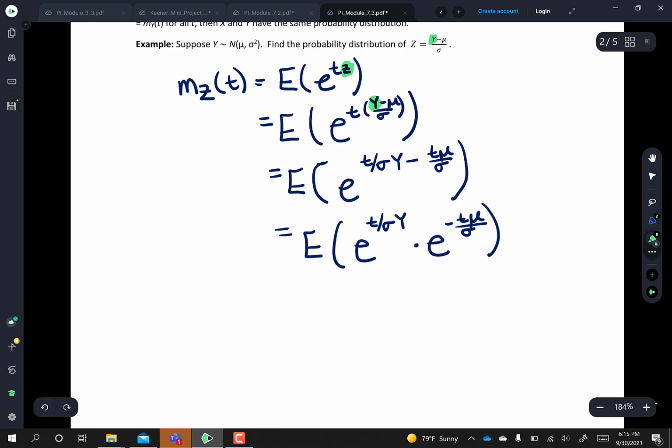The only piece here that is random is the y. If we track the y as we move, notice that this piece to the right does not contain anything that is random. So this is really just a constant, and since it's a constant, we can pull it outside of the expected value.